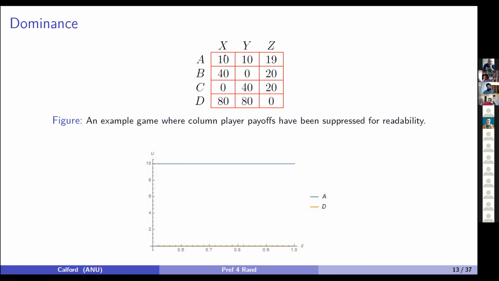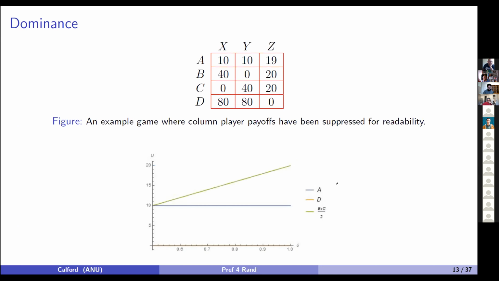So if I play A, the worst case scenario for me is I get 10, so my utility of A is 10. If I play D, my worst case scenario is 0, so my utility there is 0. And these are independent of delta, because delta is a preference for randomization. The utility of any pure strategy is independent of delta. And here now is the strategy B plus C on 2.